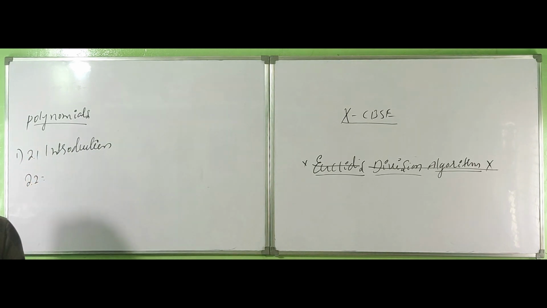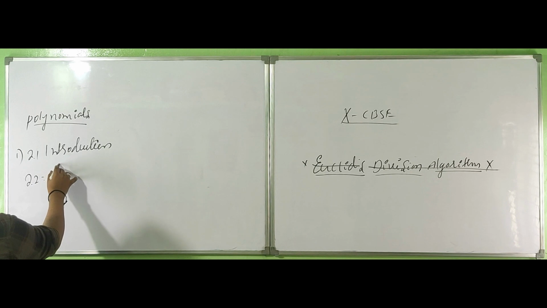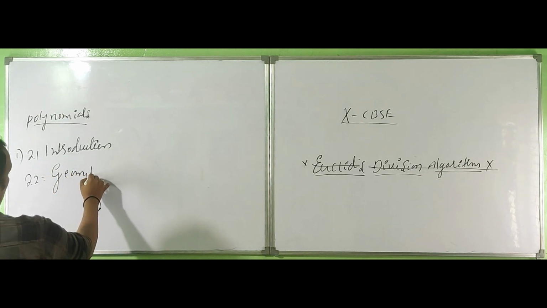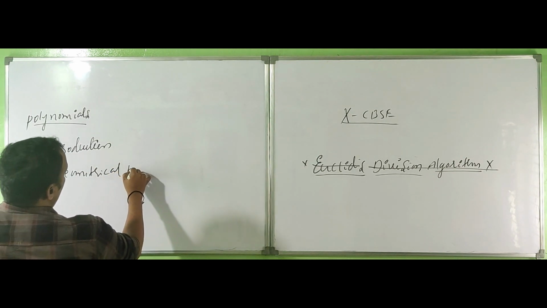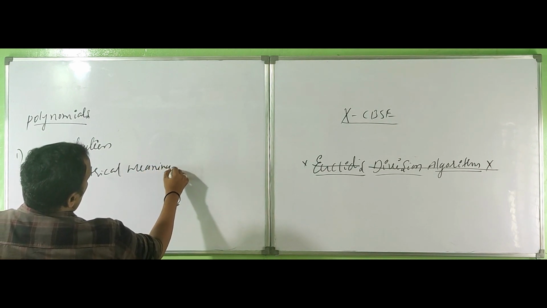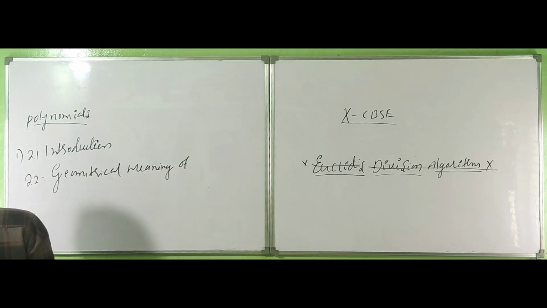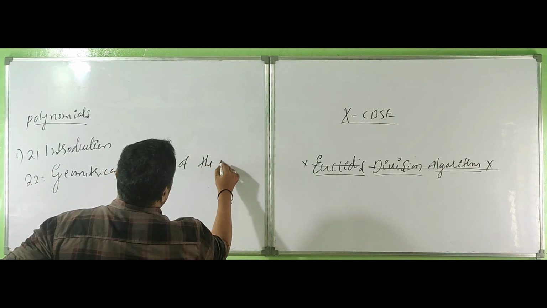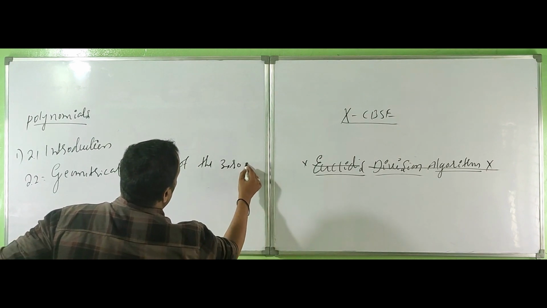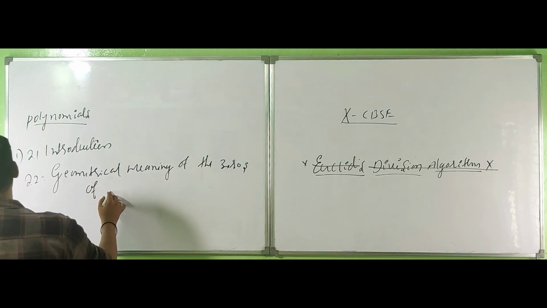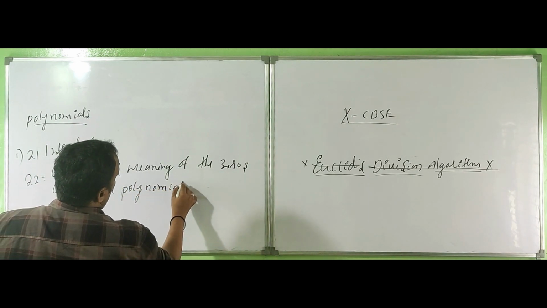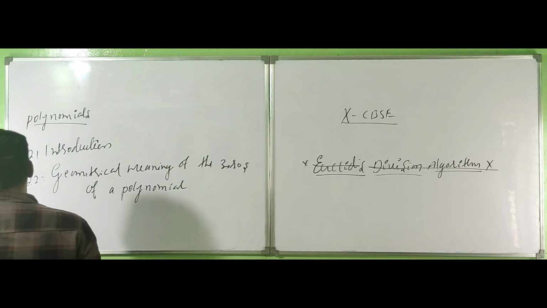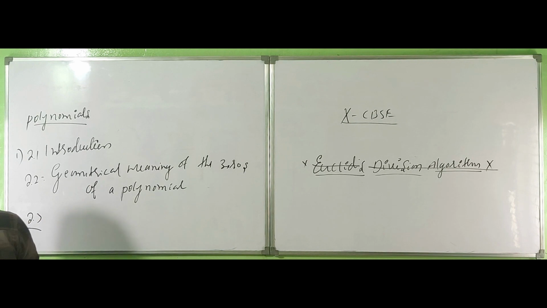Then 2.2 is geometrical meaning of zeros of a polynomial. 2.3 is relationship between zeros and coefficients of a polynomial, okay?